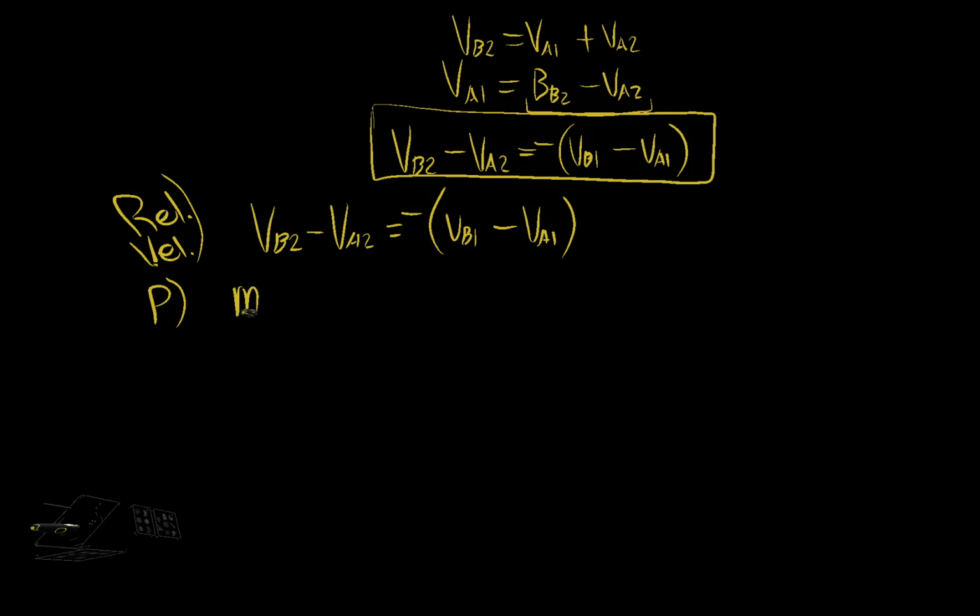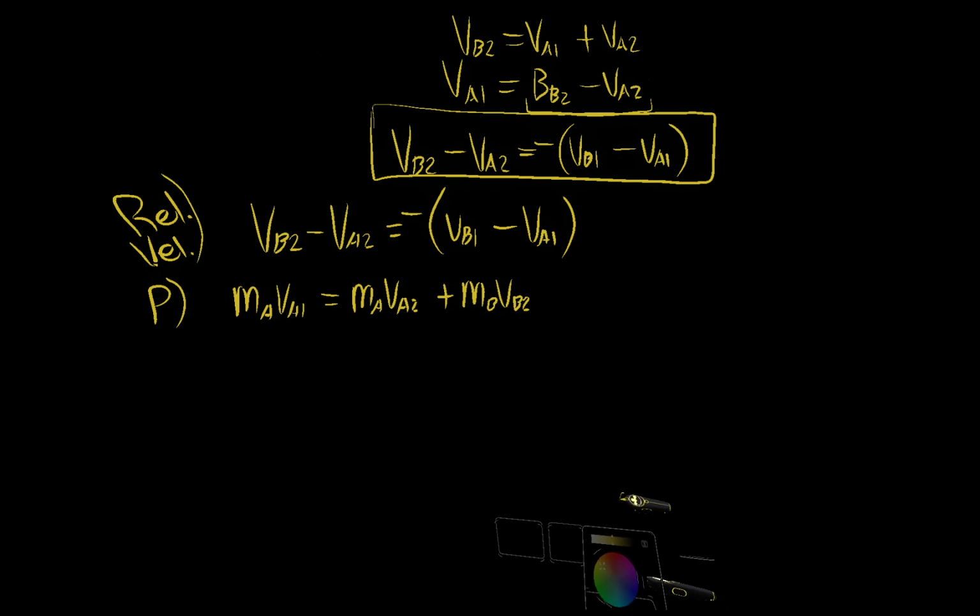And then our momentum equation: MA VA1 is equal to MA VA2 plus MB VB2. In our case, VB1 was 0, right? So now you have a system of equations that is much more moderate to solve.